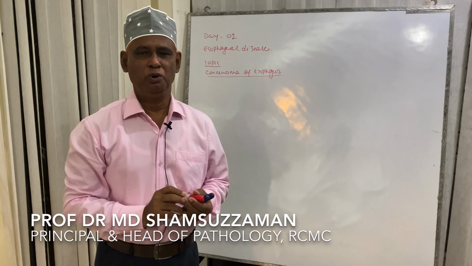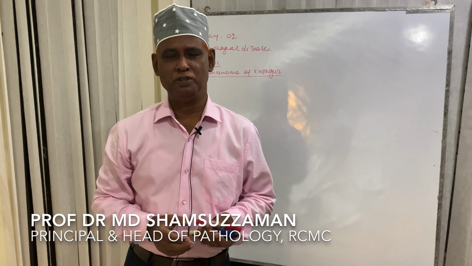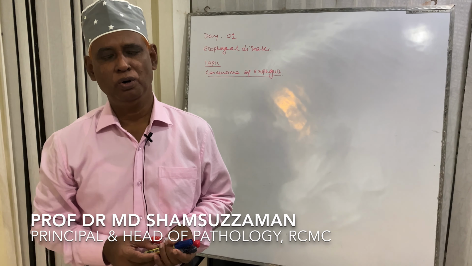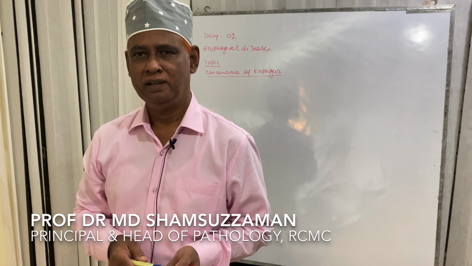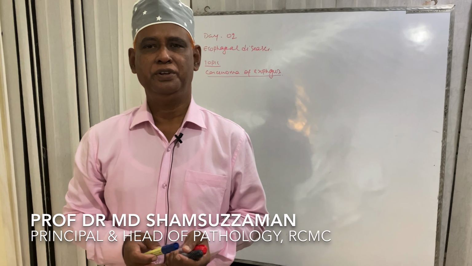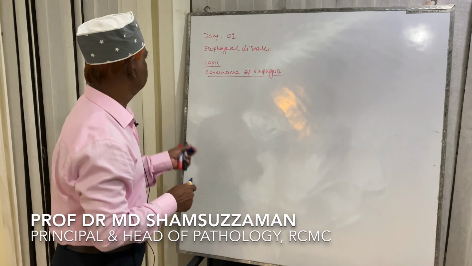Dear audience, before going to discuss the Carcinoma of Esophagus, we have to know what are the different tumors that may occur in the esophagus. Now come to tumors of esophagus.